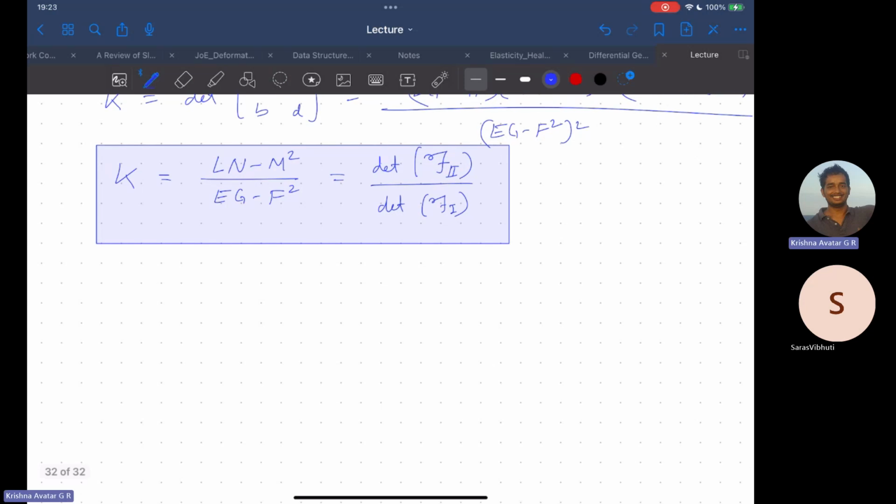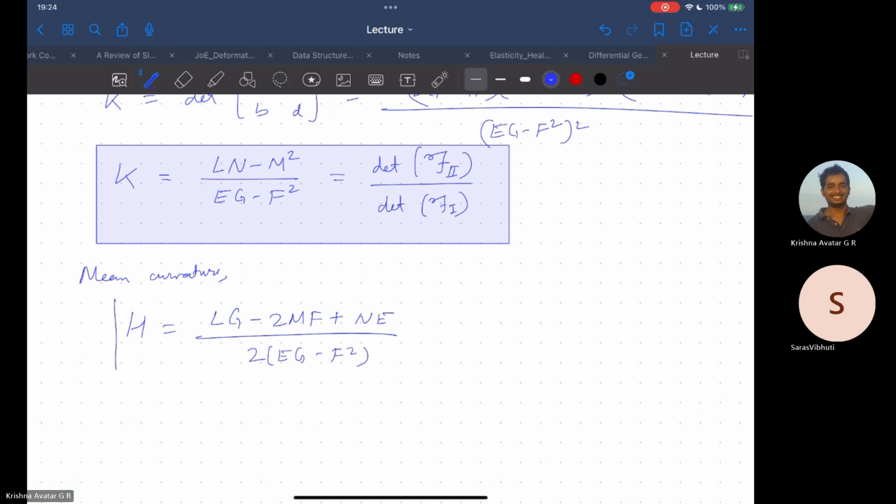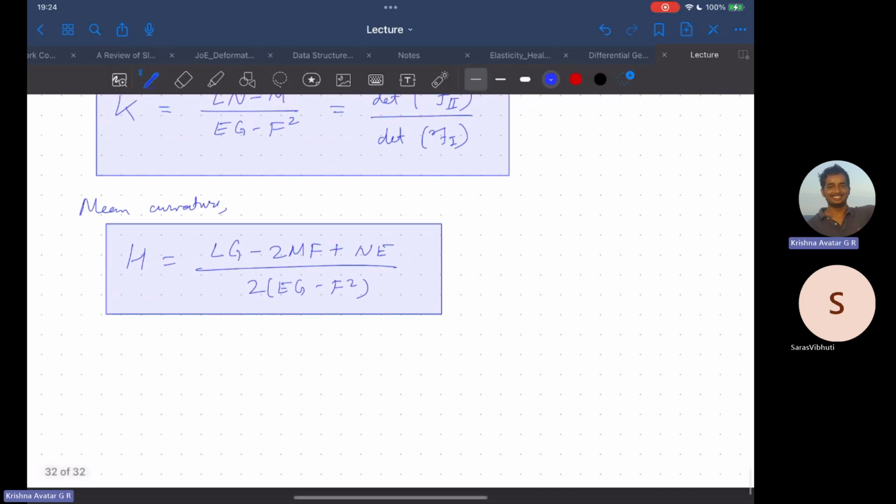For the mean curvature, H is equal to Lg minus 2mf plus Ne divided by 2 times Eg minus f squared. This is also a nice expression. And about principal curvatures, you already know what to do.